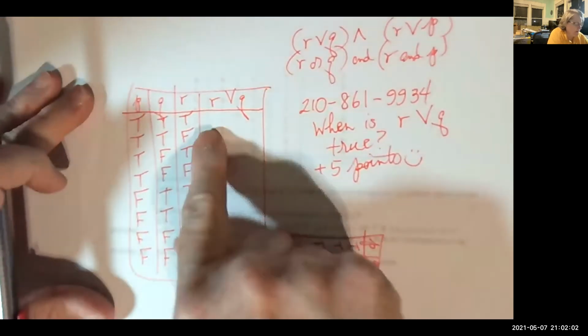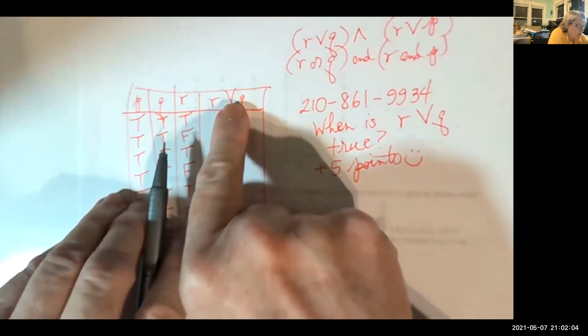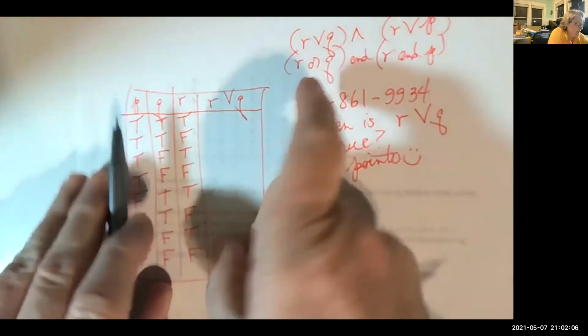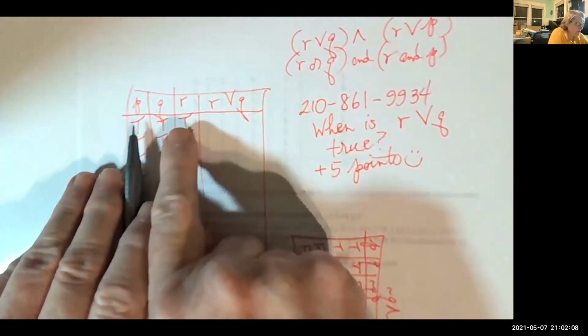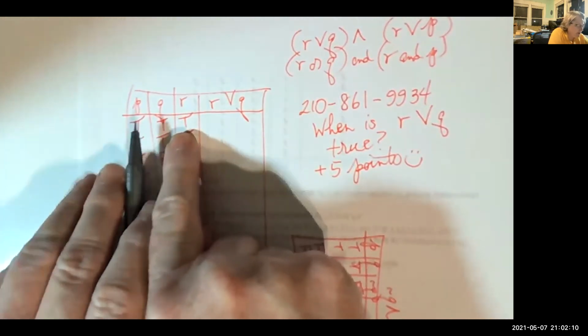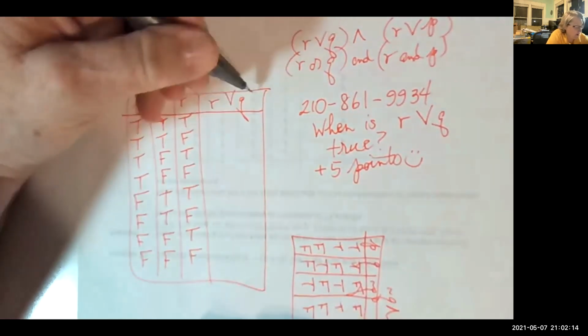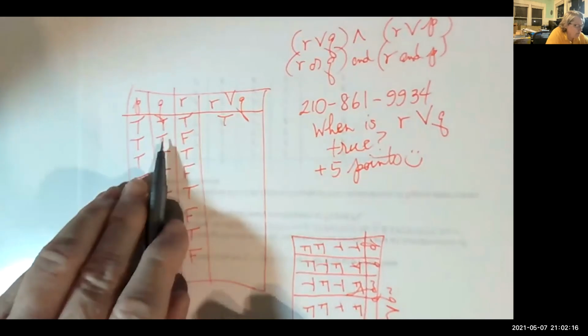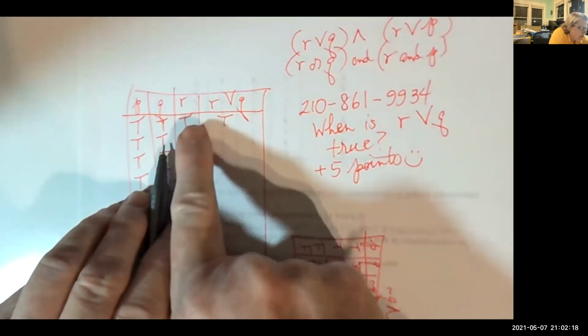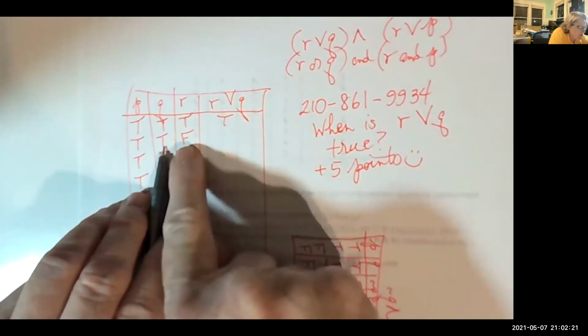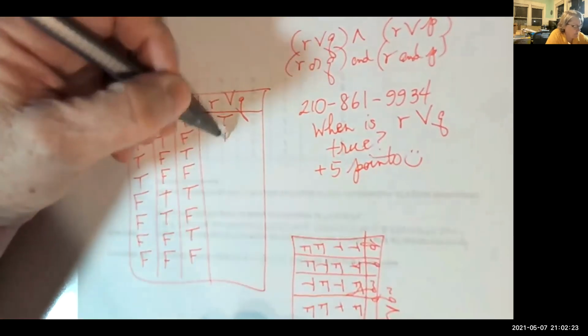So now we've got R or Q, and that's right. At least one of them has to be true. Well, if we have true, true, or is always true. Here we have true or false. There's at least one true, so the answer is true.